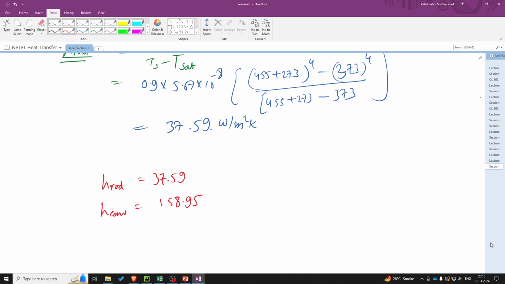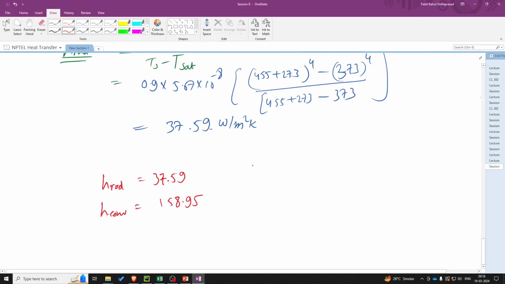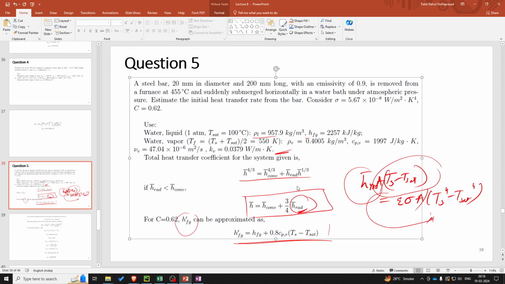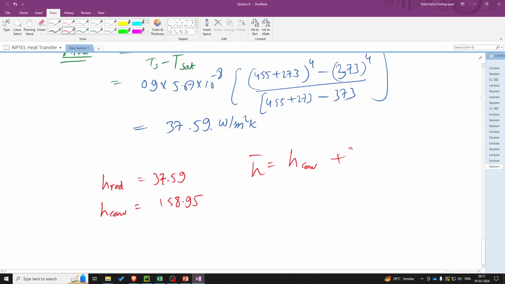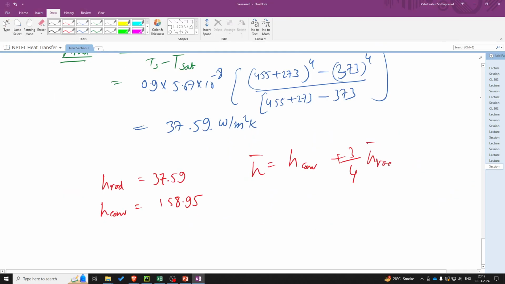From here you can see that h radiation is less than h convection. That is from the given hints, h radiation is less than h convection. So we can use this thumb rule. The h bar will become h convection plus 3/4 of h bar radiation.